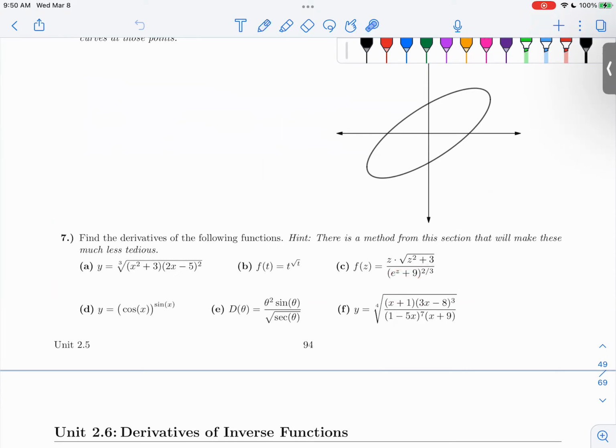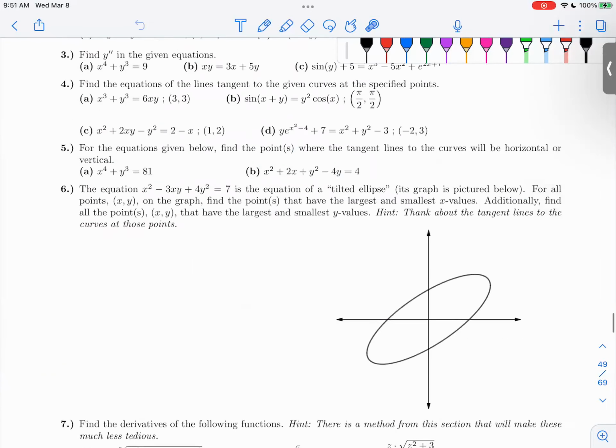That looks like it would be an absolute monstrosity, because you'd have to do a chain rule, and within that chain rule a quotient rule, and within that quotient rule 2 product rules, and within those 2 product rules a chain rule with each of them. It would be an absolute nightmare. But with logarithmic differentiation, we can split this up into 4 very nice logarithms that don't require much work at all. So this is a great example of using logarithmic differentiation.